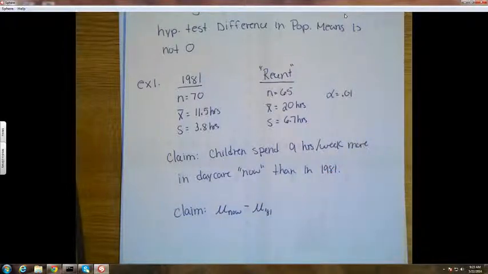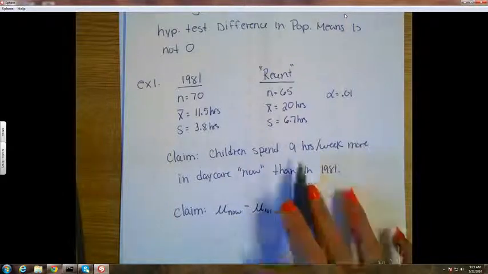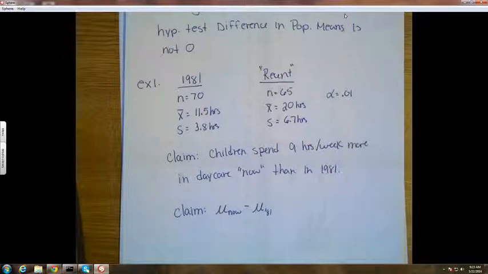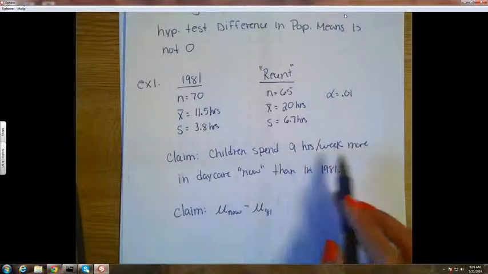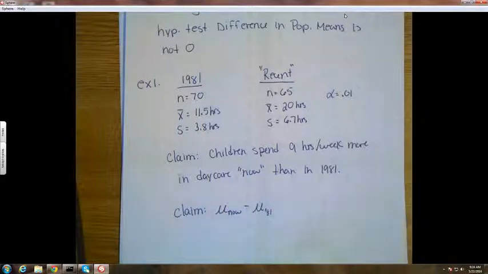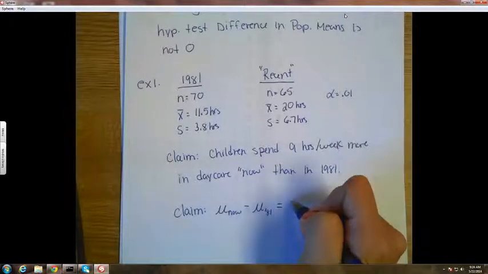Okay, what are they saying about this difference? How does it compare to the 9? Less than, greater than, equal to, what is it? It says that they spend 9 hours more in daycare now than in 1981. Equal to 9 hours. It's not saying over 9 hours more, it's saying they're spending 9 hours more, so they're saying that this difference is 9.